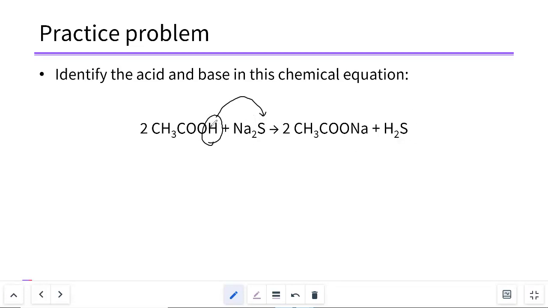So this compound that gave away the hydrogen is an acid because it is a proton donor. The sulfide ion is the base because it is the proton acceptor. And so even though we don't have a hydroxide here, we still have basic behavior based on that action.